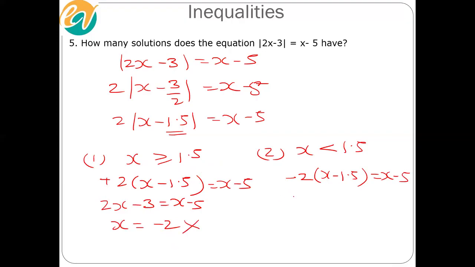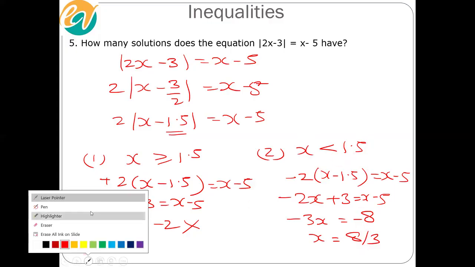Okay, now let's come to this. Minus 2x plus 3 is equal to x minus 5. So minus 3x is equal to minus 8, which means x is equal to 8 by 3, which is 2 point something. Agreed? But what was the condition that we started with? Lesser than 1.5. Is 8 by 3 lesser than 1.5?